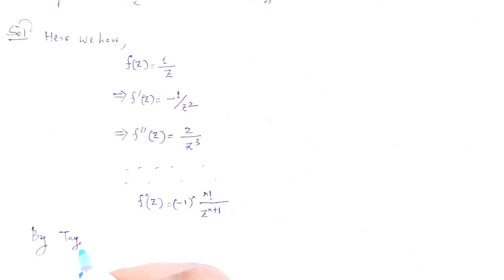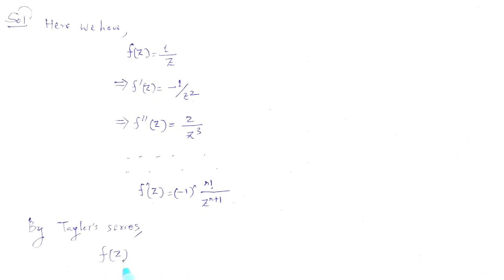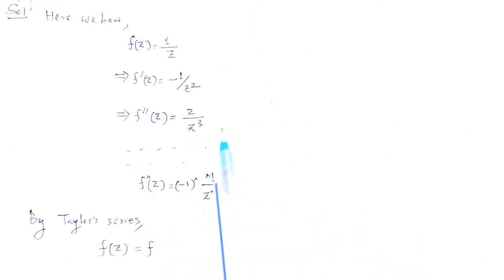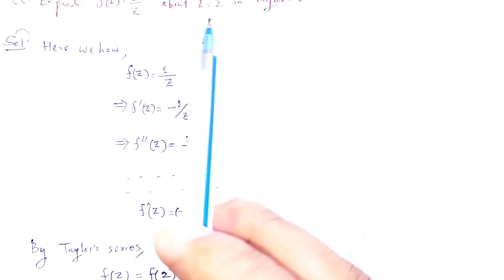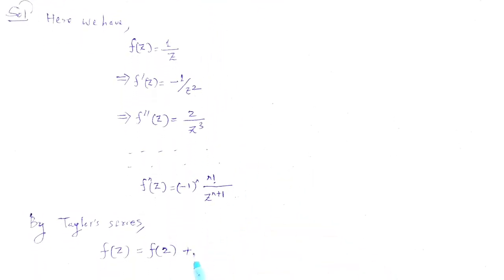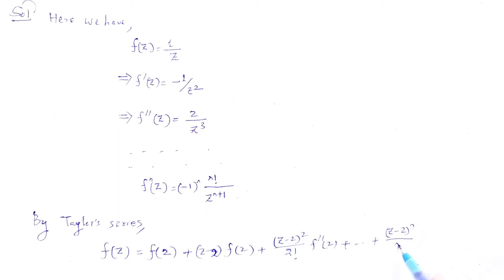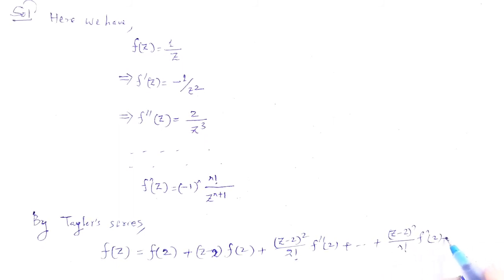By Taylor series, that given function f of z is expanded about a is equal to 2 as f of 2 plus z minus 2 f dash of 2 plus z minus 2 square divided by 2 factorial f double dash at 2 up to z minus 2 to the power n divided by n factorial f n 2 plus dot dot dot.